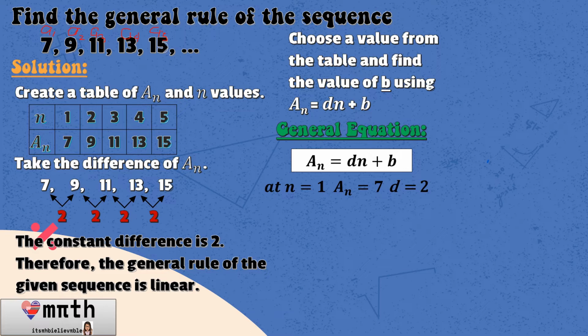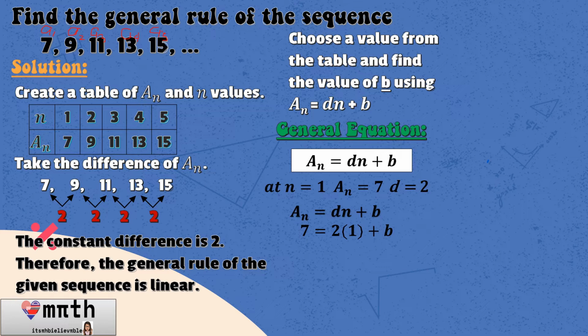Then our common difference, d, is equal to 2. As we substitute the values, a sub n will be equal to 7, d is equal to 2, then our n is equal to 1 plus b.